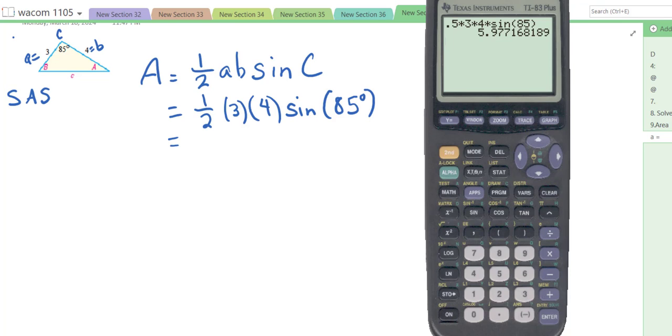Area is always square units. So it's not going to get any easier than this, but you have to remember the formula. So these are the sides that you're given, the angle that's in between, and you were given A and B. So sides that you're given, the angle that's in between, and it's all multiplied. So this is 5.98.